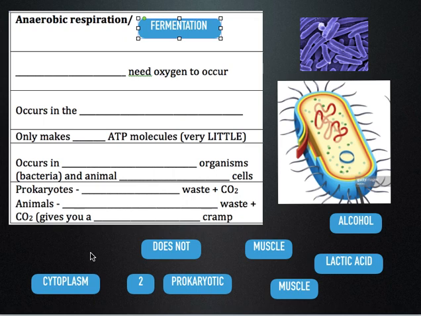You guys may have heard of fermentation. If you've taken a foods class, you make pickles, you make yogurt, cottage cheese, regular cheese. They're all made by fermentation. So is alcohol in all forms. So fermentation means the same thing as anaerobic respiration.